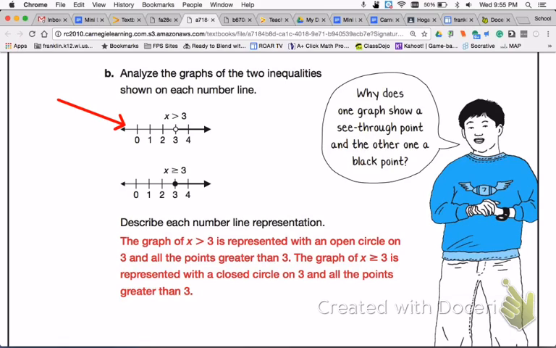For letter B, the graph of x is greater than 3 is represented with an open circle on the 3 and all the points greater than 3. The graph of x is greater than or equal to 3 is represented with a closed circle on the 3 and all the points greater than 3.